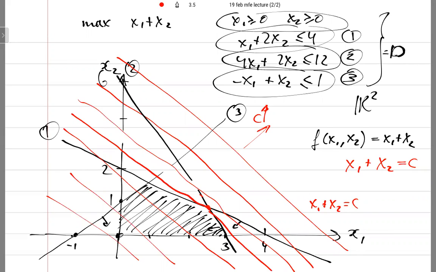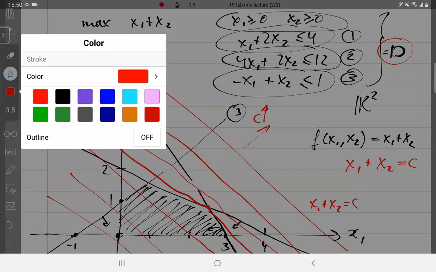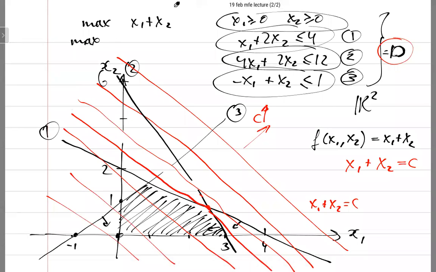So x1 plus x2 grows in the direction of the gradient, to the east-north. And I'm obliged to choose a point in the region D, so I'm maximizing x1 plus x2 given that x1, x2 belongs to the set D.